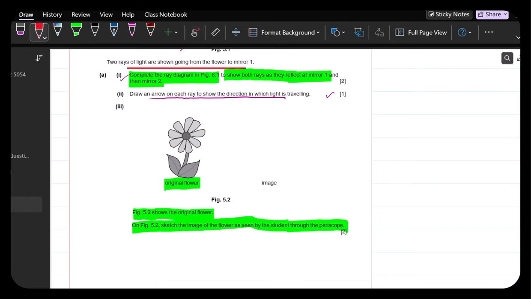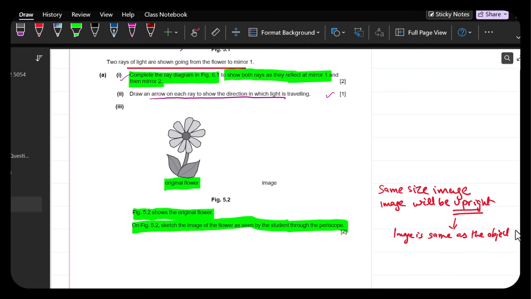One thing, the image is upright, and the meaning of upright is same as the object. So you have to be careful regarding these two points.